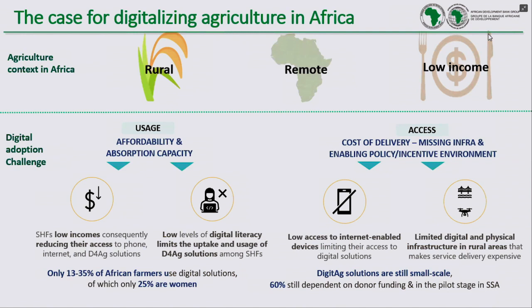As a result, there is lower access to internet services to reach these actors. That increases the cost of delivery for the innovators to reach their target market, which would be the low-income users.